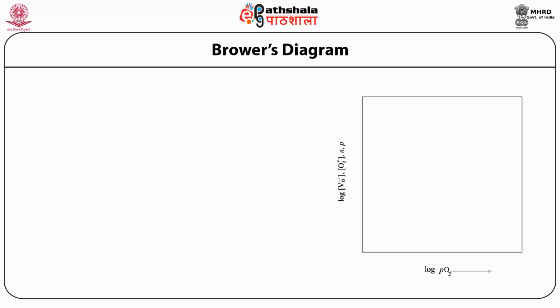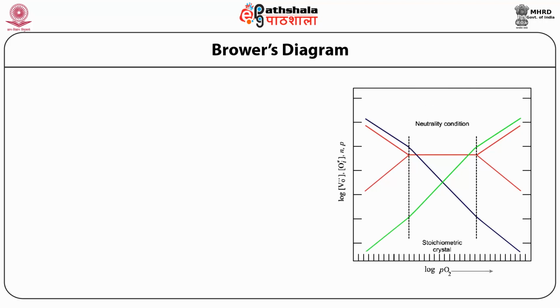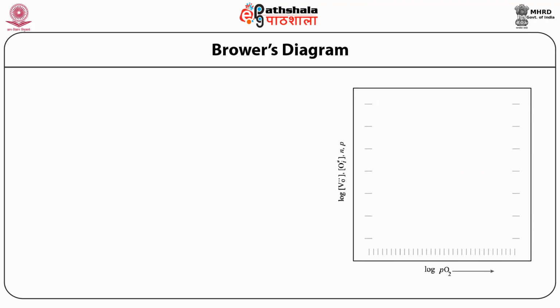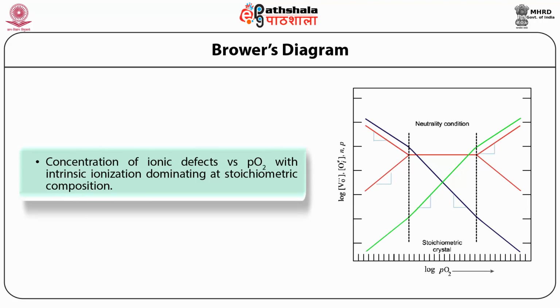Now let us discuss Brouwer's diagram for intrinsic ionization dominating at stoichiometric composition. Using a procedure similar to that explained in the previous slide, except that in the central region now N is equal to P, as intrinsic ionization dominates at the stoichiometric composition, we obtain the figure which is shown on the left hand side of the slide.